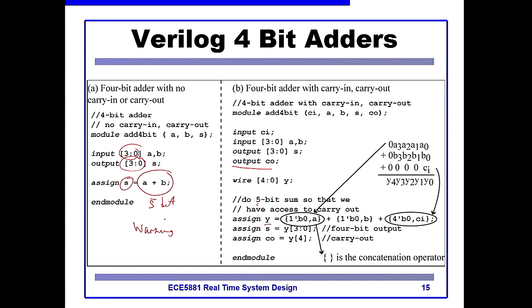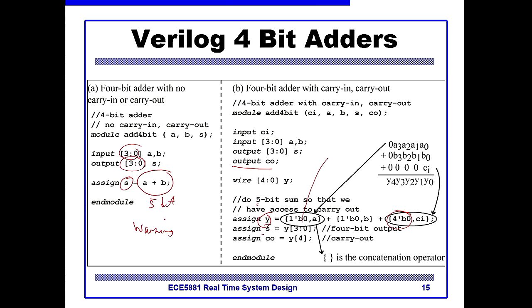So what we've constructed here is a 5-bit value of A with a 0 on the most significant bit, same with B, and CI is the carry in. We need to add 4 bits because it's a 1-bit value. So we're adding 3 5-bit values and assigning that to Y. Because we know the top bits are 0 in the first 2 cases, that can't actually overflow into 6 bits.